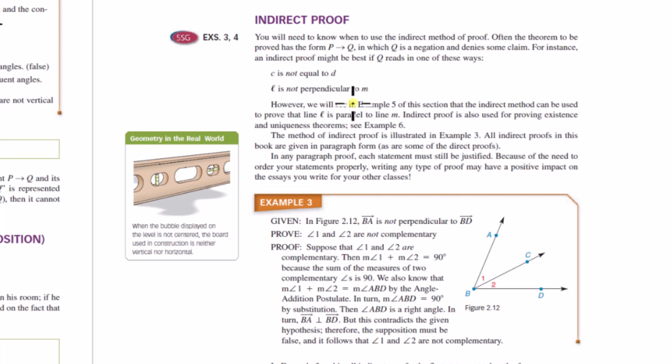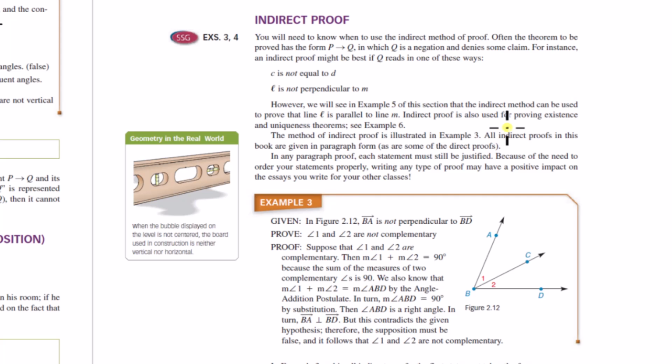Is not this, is not that, and that's where you could consider an indirect proof. However, we will see in example 5 coming up that you can use an indirect proof to prove that line L is parallel to line M. It's not like this is a requirement.